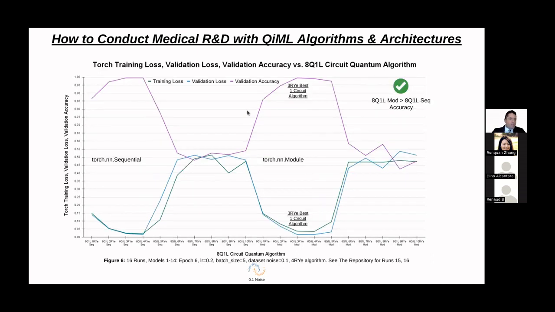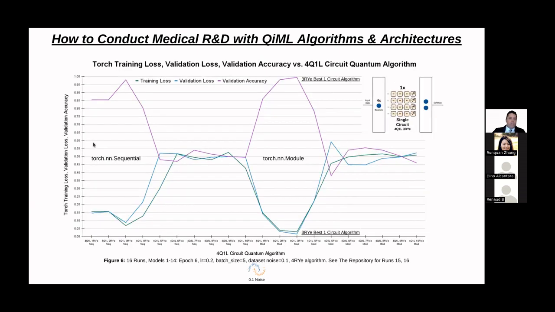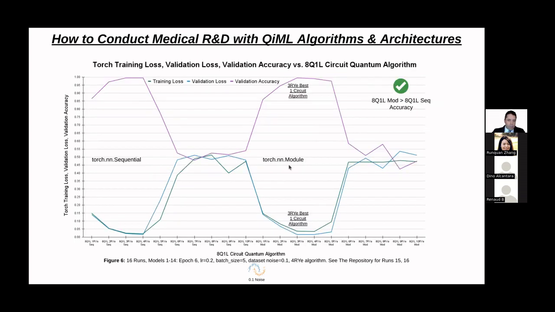Now, this next one is basically hopping up to 8 qubits. And this is expected. Typically, when you go from smaller, 2 qubit circuits, you don't see a ton, but when you go to 4 qubit circuits, a lot in literature, and 8 qubits, you see the performance bump. If you look at the top, purple represents accuracy, and the bottom ones represent the training and validation loss.